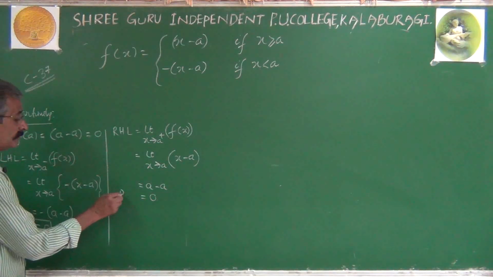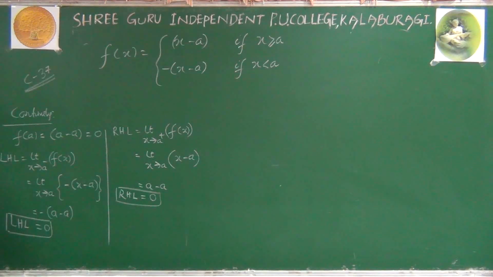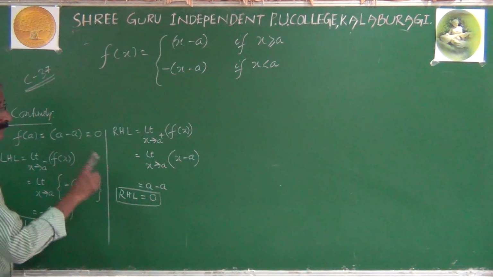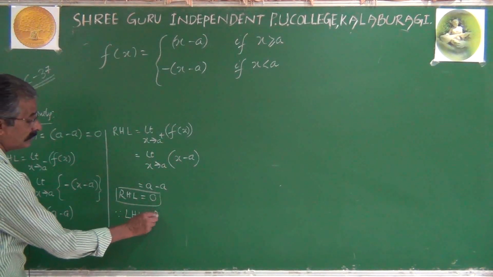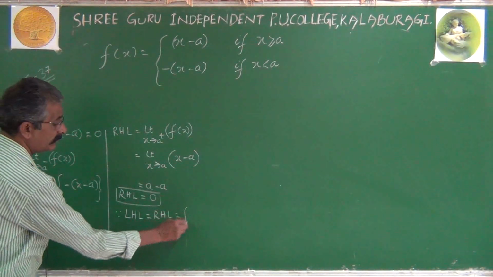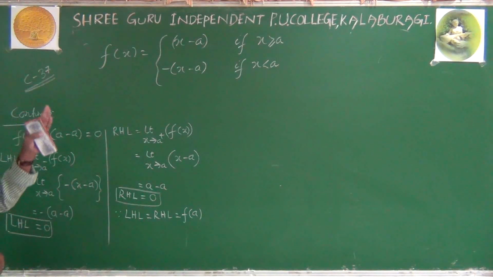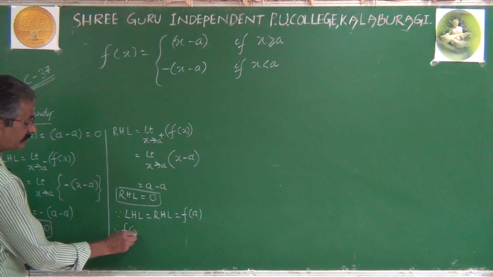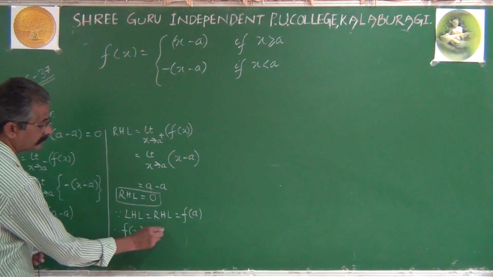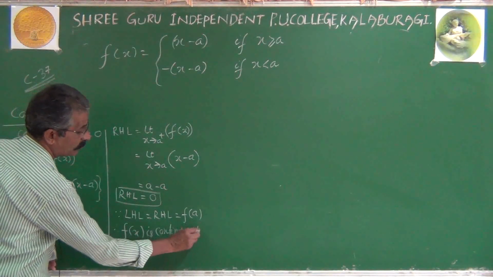LHL equal to RHL equal to f of a. So function is continuous at x equal to a. Since LHL equal to RHL equal to f of a, the remark is that function is continuous at x equal to a. Therefore, f(x) is continuous at x equal to a.